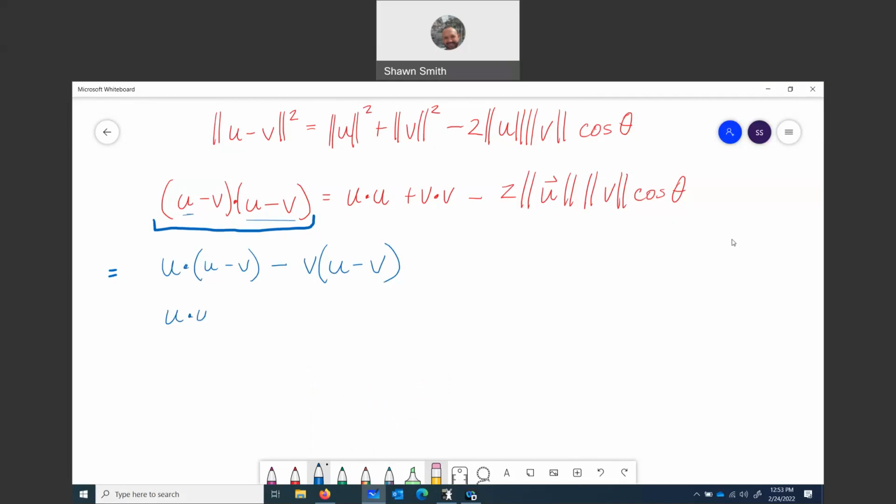That's U dotted with U, minus U dotted with V, minus U dotted with V again, or V dotted with U, it doesn't matter, plus V dotted with V. So this is nothing more than U dotted with U plus V dotted with V minus 2 U dotted with V.